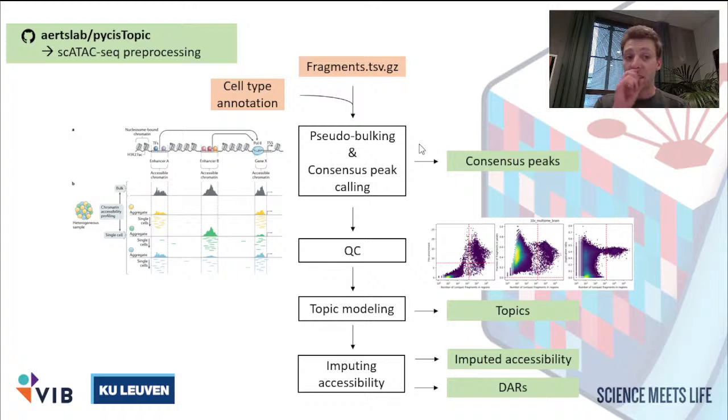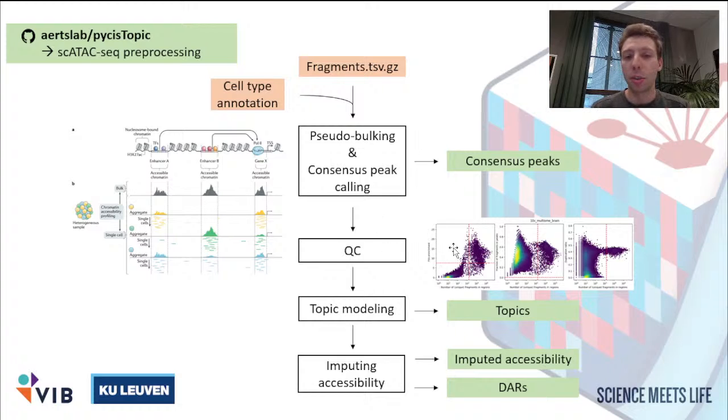So this basically means that we aggregate all of the reads coming from cell barcodes of the same cell type into a single fragment file, and this is what we call a pseudo bulk peak set. And then we use these pseudo bulk fragment files to call consensus peaks. So we first call peaks on each individual pseudo bulk fragment file, and then we merge all of these peaks per cell type into a single consensus peak set.